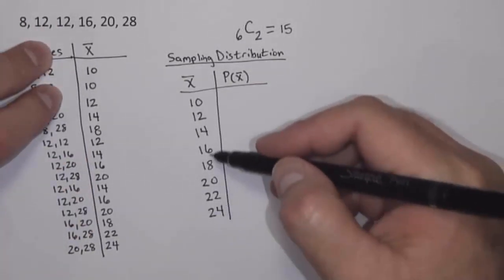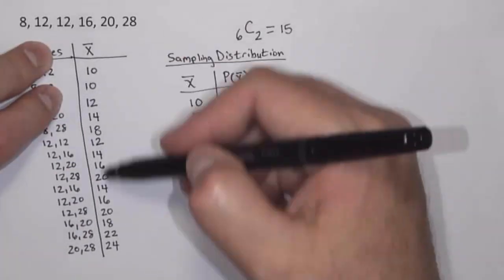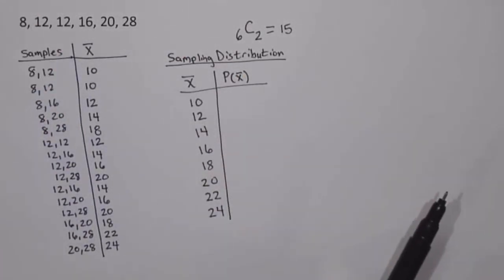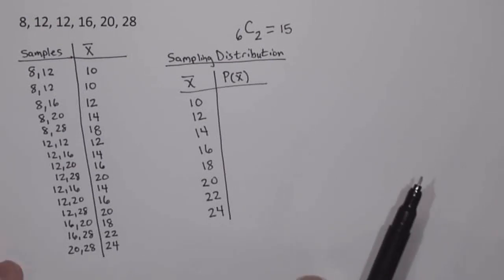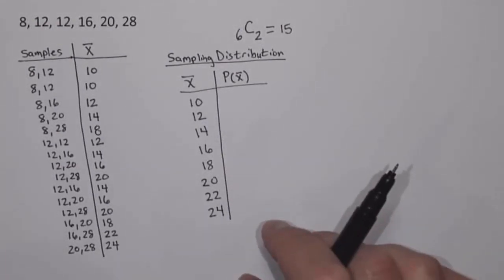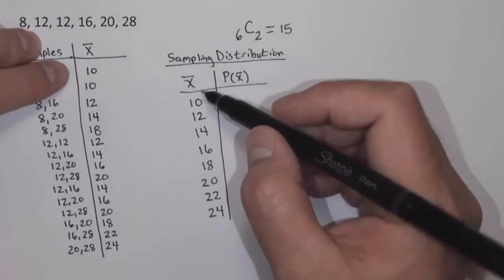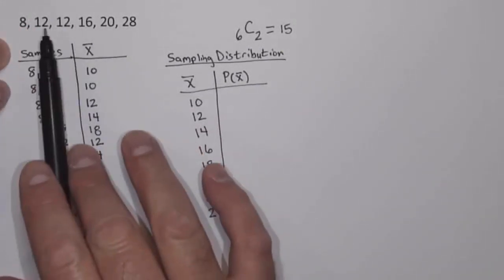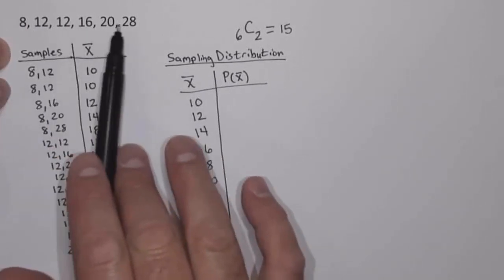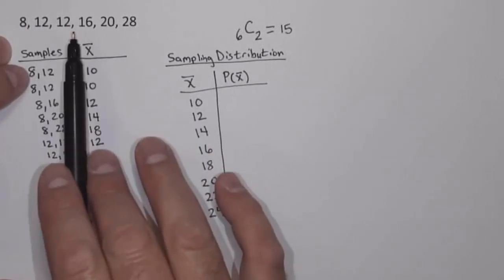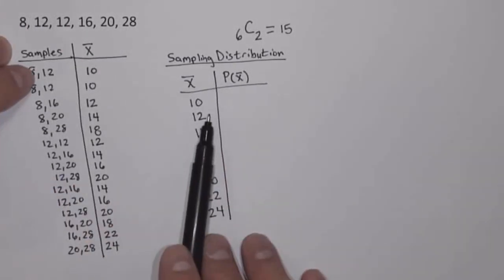These were the different values that we obtained for our X bar from our sample. And we want to make this into a probability distribution, which is really a relative frequency distribution. So if I randomly selected 2 data values from this population of 6 data values, what's the probability I would get an X bar of 10?